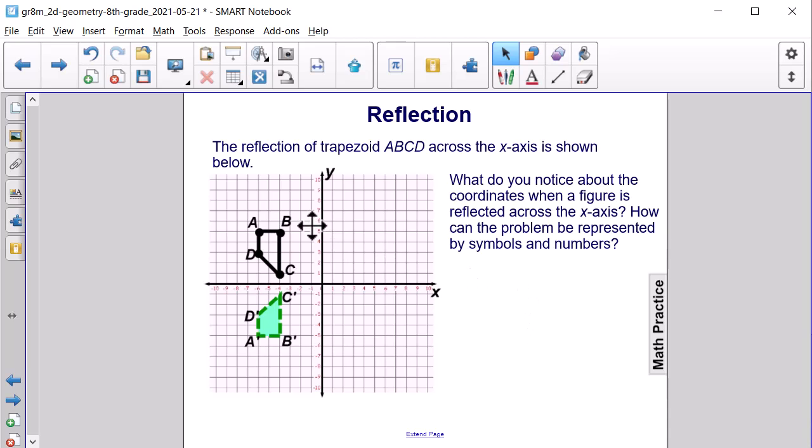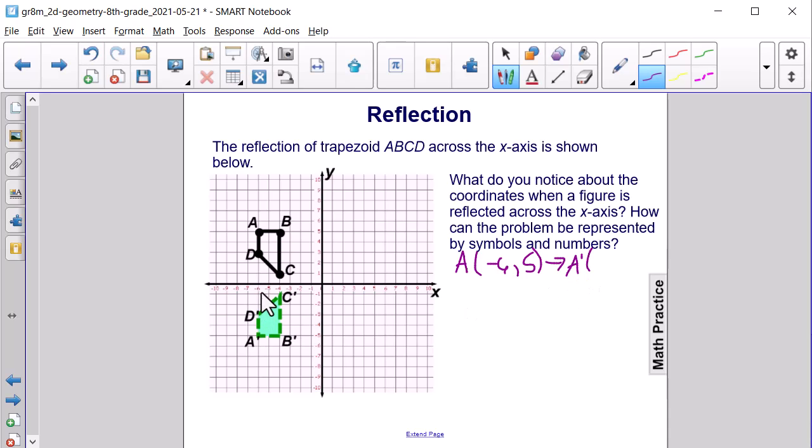The reflection of trapezoid ABCD across the x-axis is shown below. What do you notice about the coordinates when a figure is reflected across the x-axis? How can the problem be represented by symbols and numbers? Well, let's first write down the original and new coordinates of our points. The original point A is at -6, 5, and point A prime is at -6, -5.